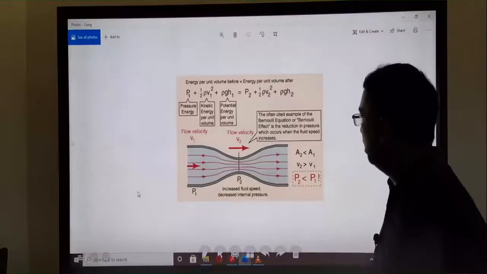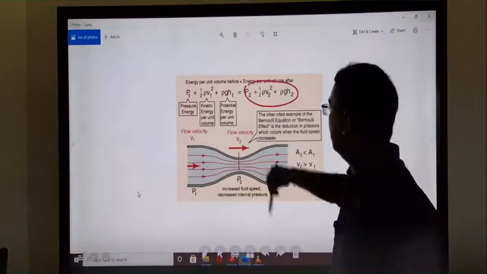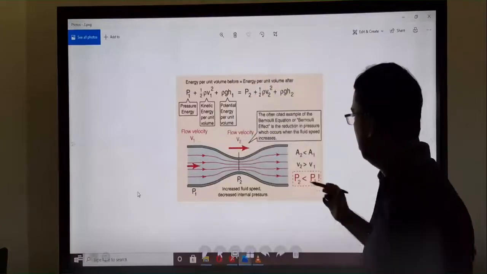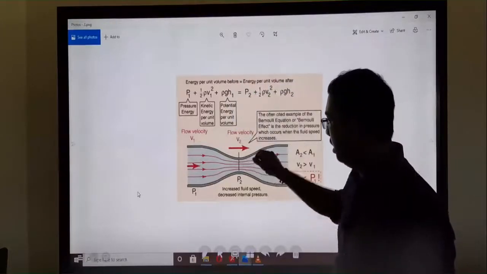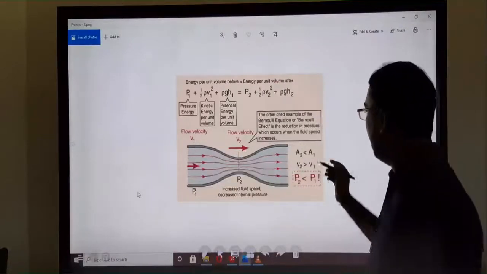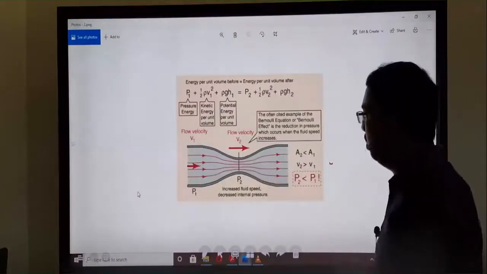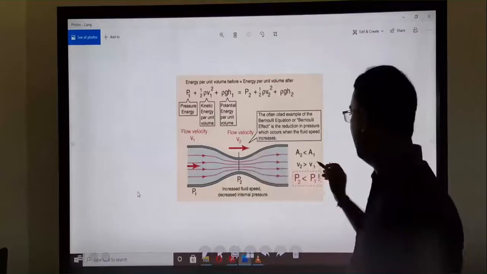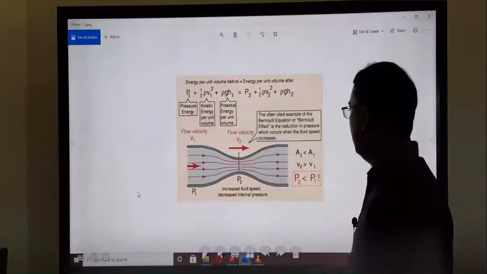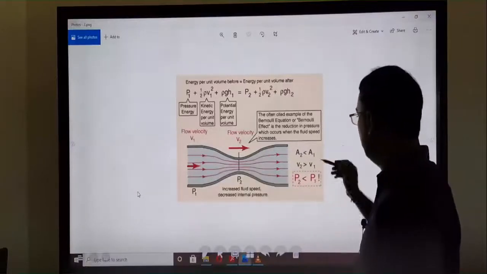Normally, because of this energy balance, where the cross section area is small the velocity of the fluid is high, and where the cross section area is big the velocity is low.